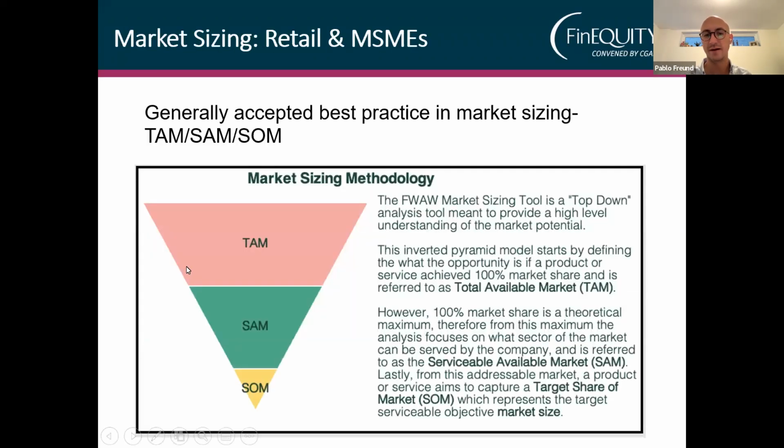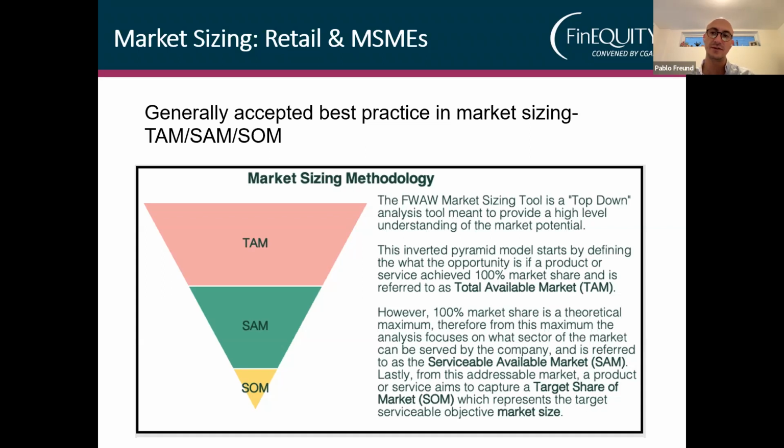And this is where the tool is most useful. So the tool also, by geography, will provide two different market sizing options that can be used in parallel or independently, which are the market size aspects.